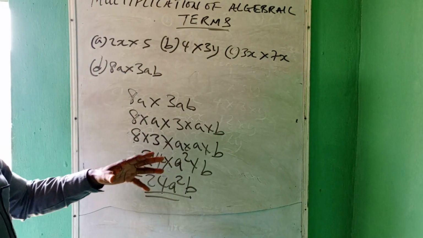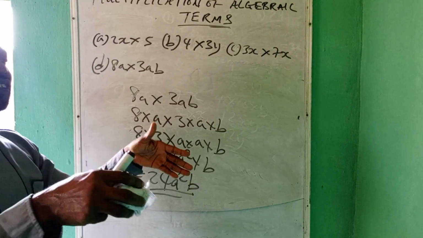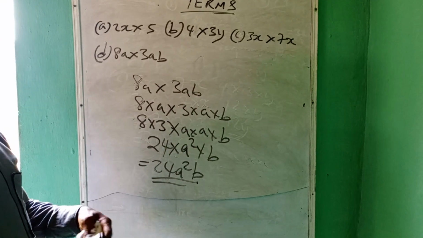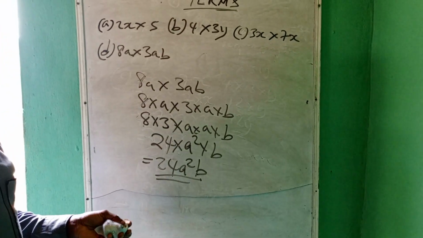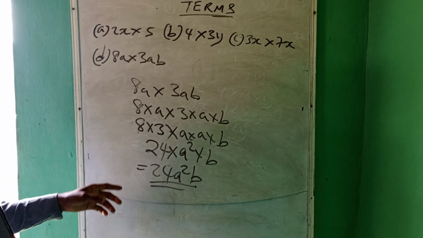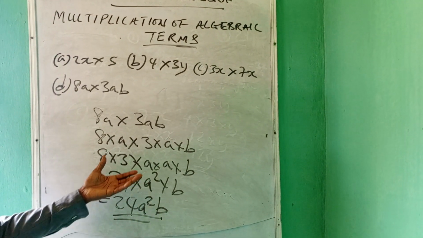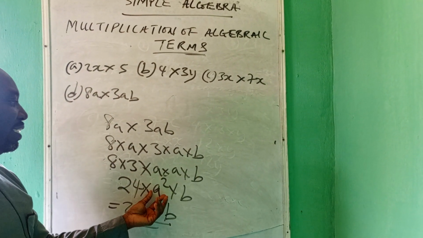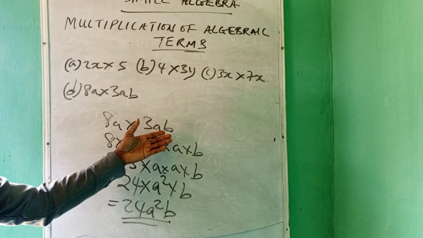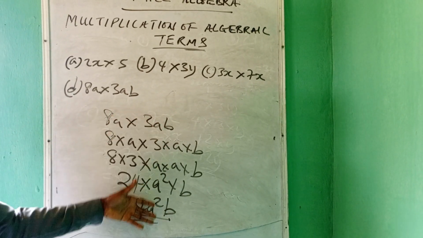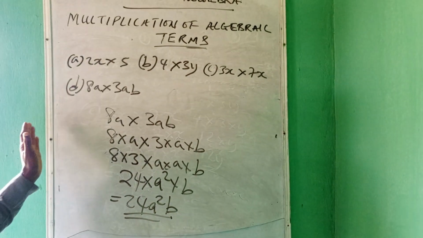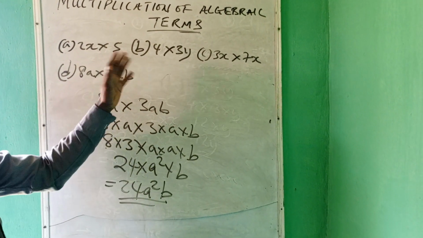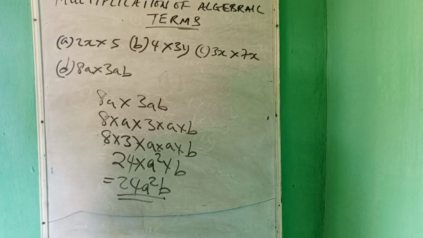Please pay attention, so that when we get into the division proper, all those things I've explained will just play out. Within some minutes, we are done with the maths. But if I've not explained, for those that are just meeting this kind of maths for the first time, if I've not explained a squared or a raised to power 5, you'll find it difficult when we are solving it. But having explained those things before now, you will find out that we have just, in a few minutes, resolved the multiplication of algebraic terms.